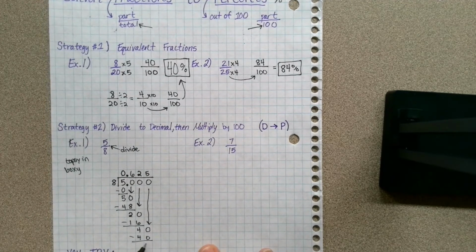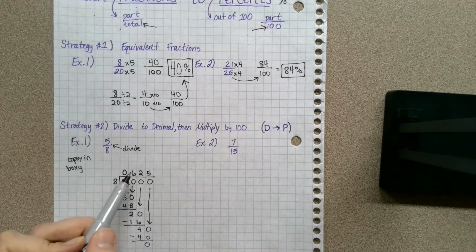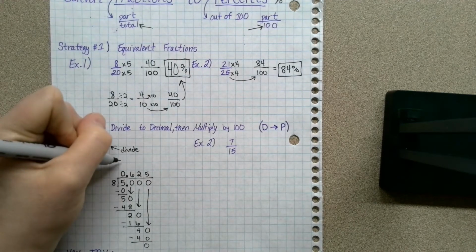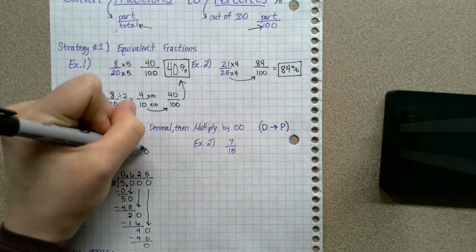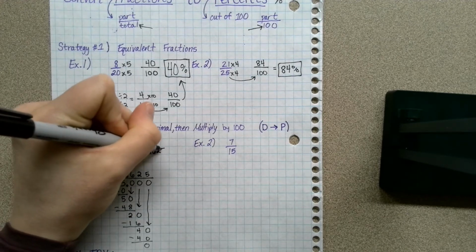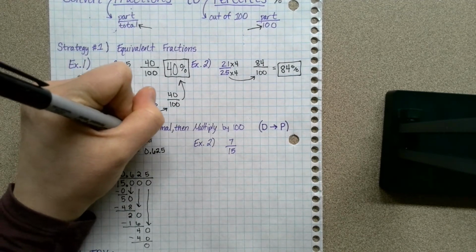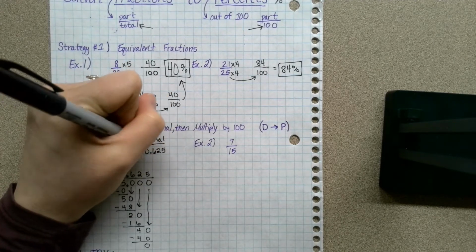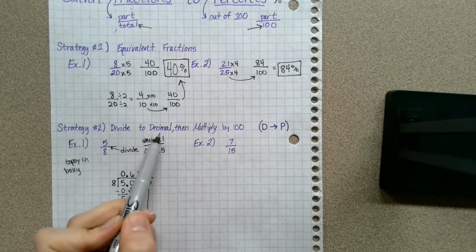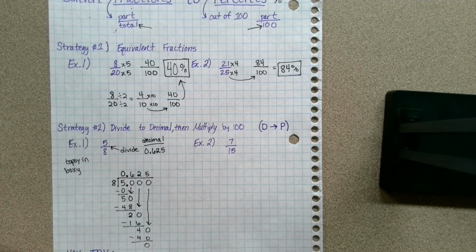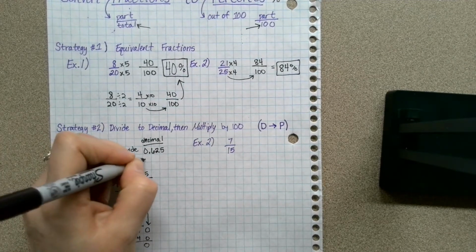So we know that we've gotten our decimal. So right here, the 0.625 thousandths is our decimal. And in order to turn it from a decimal to a percent, we have to multiply by 100.